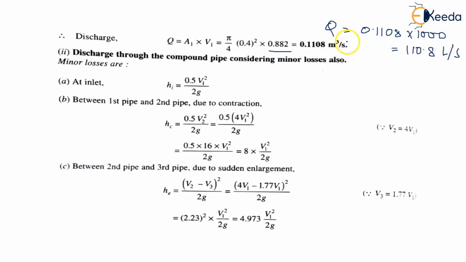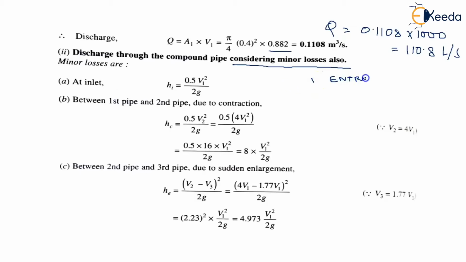In the second part, we are asked to calculate the discharge after considering the minor losses. So we have discharge in terms of major as well as minor losses. So what are the minor losses over here? The first loss will be due to entry.